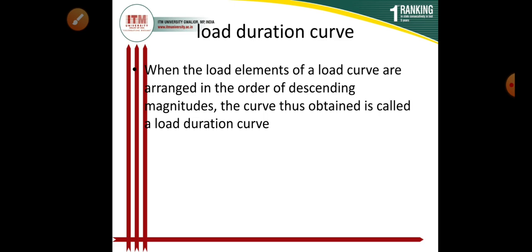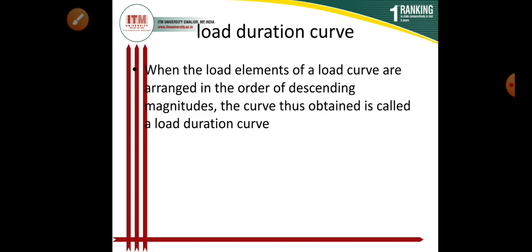That means the maximum demand will be on our left hand side, then next to that will be the next demand, and the least demand will be plotted at the most right hand side of the plot.